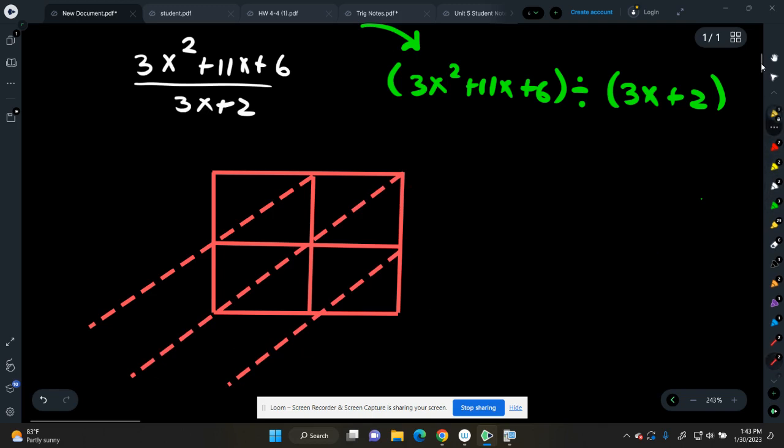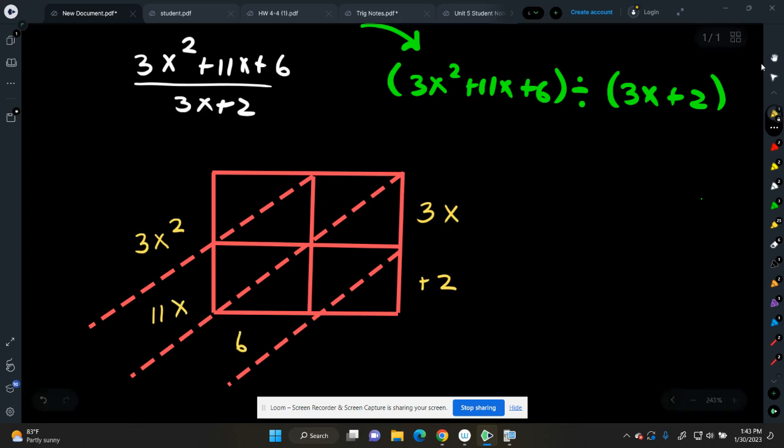Over here on the right, I've got 3x plus 2. And on the diagonals, I have 3x squared, 11x, and 6.